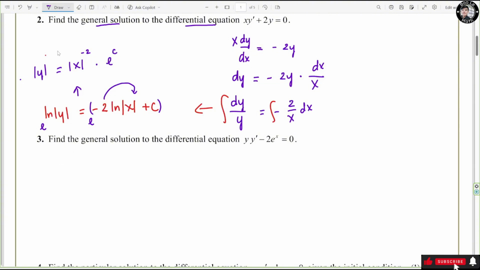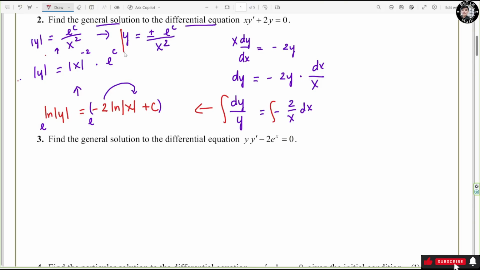Now I'm going to simplify: absolute value of y equals e to the c over x squared. So then y equals plus or minus e to the c over x squared.